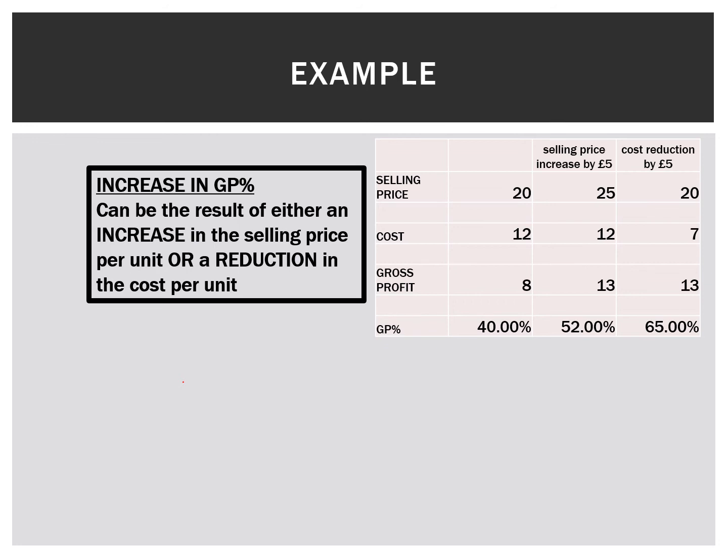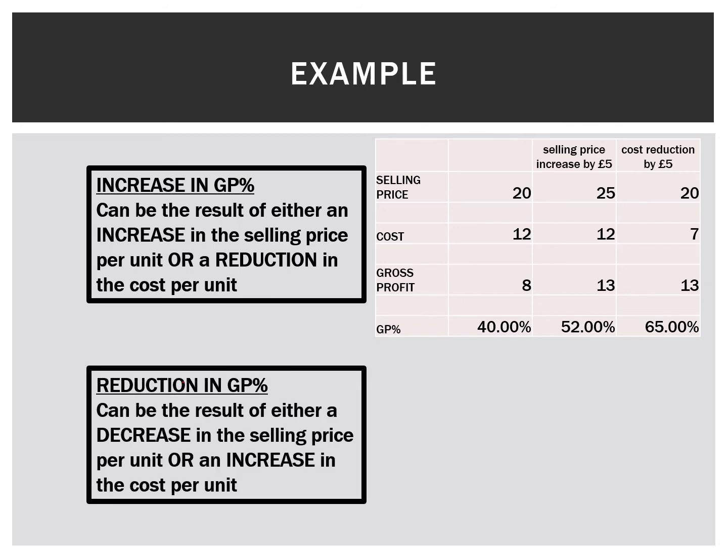So the things that will cause the gross profit percentage to go up are those two things, either an increase in the selling price per unit or a reduction in the cost per unit. Similarly, reductions in gross profit are the reverse.